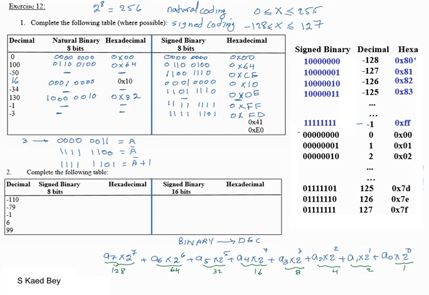Now, the following number is given as signed coding in hexadecimal, which is 41. This can be converted to binary in a straightforward way. The number 1 here is simply 0001. Number 4 is simply 0100.